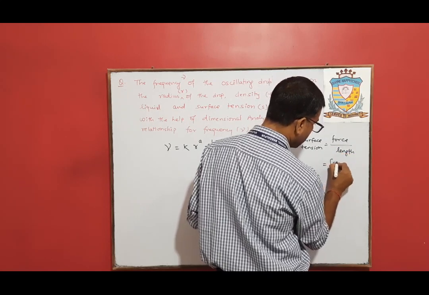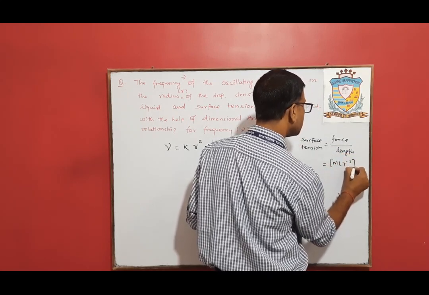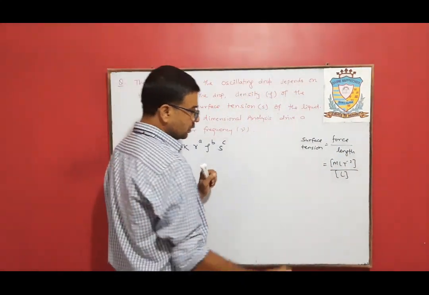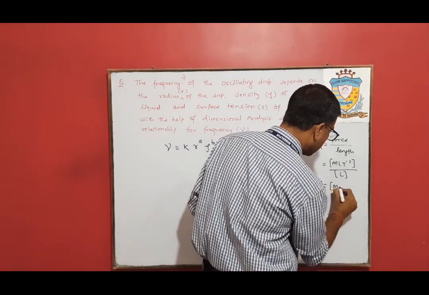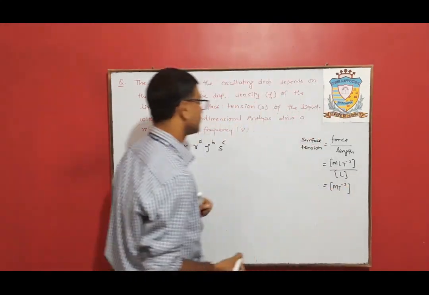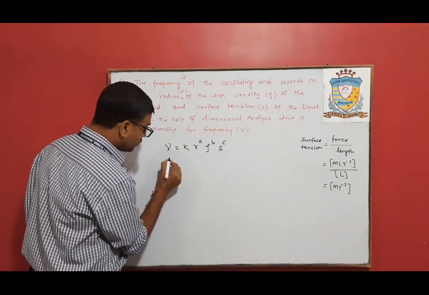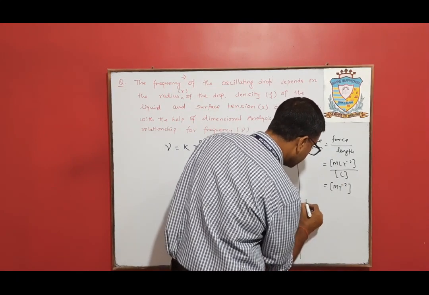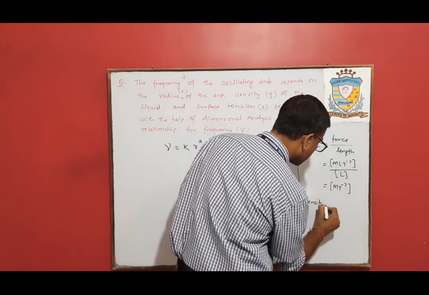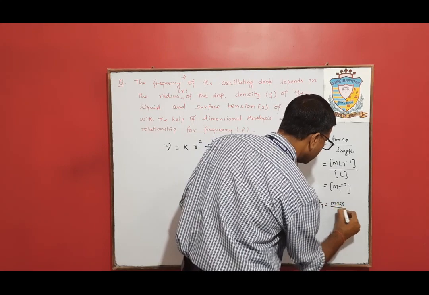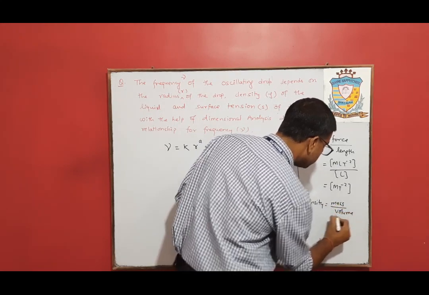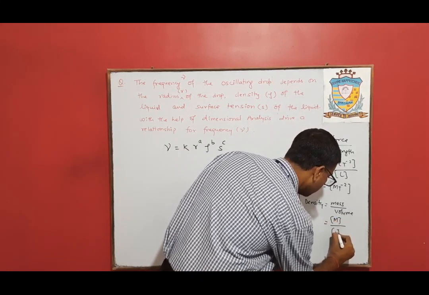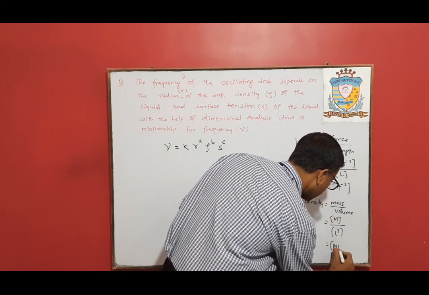We know that the dimensional formula for force is MLT minus 2, and for length it is L. So this can be written as MT minus 2. Clear? And for rho, density is equal to mass upon volume. For mass it is M and for volume L3, so ML minus 3.